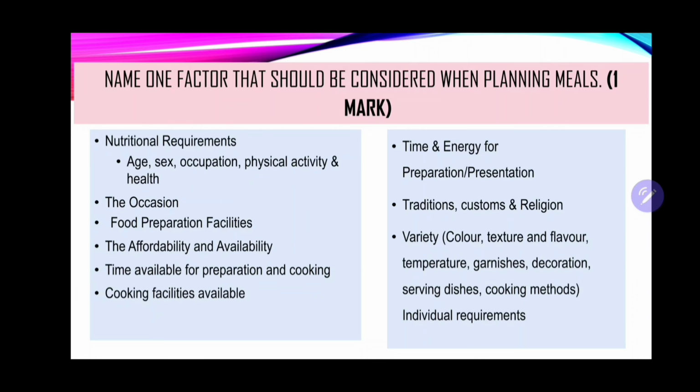So it is best for us to think of these when we are planning menus. Now, the question only requires you to do 1 factor, so you may put time and energy for preparation. You may put only occasion. You may put only affordability and availability, and so on.